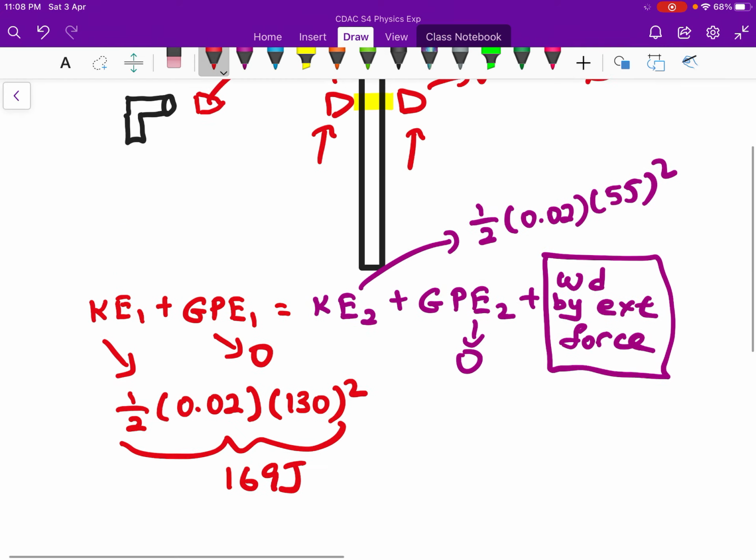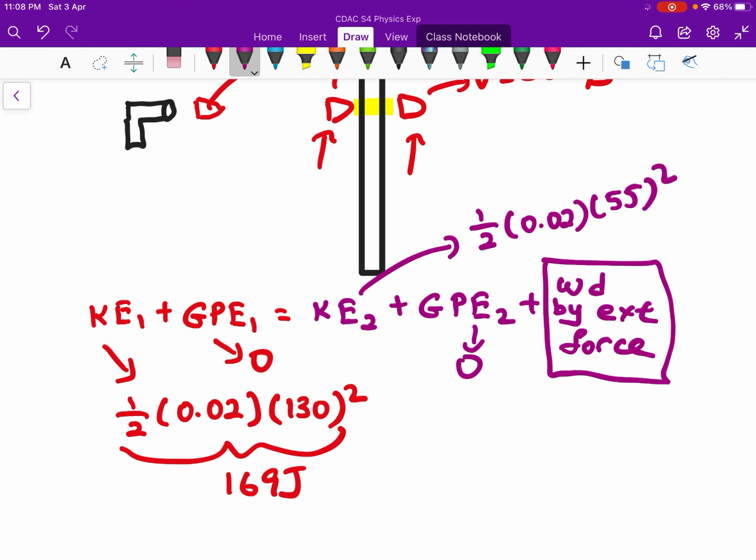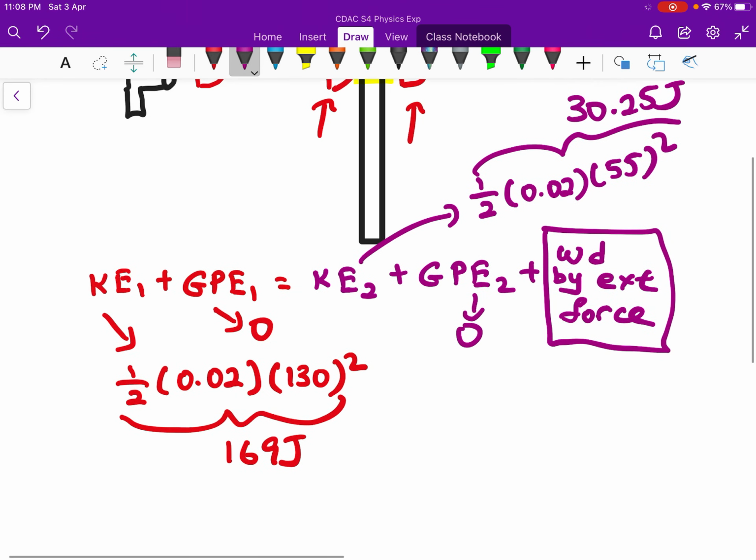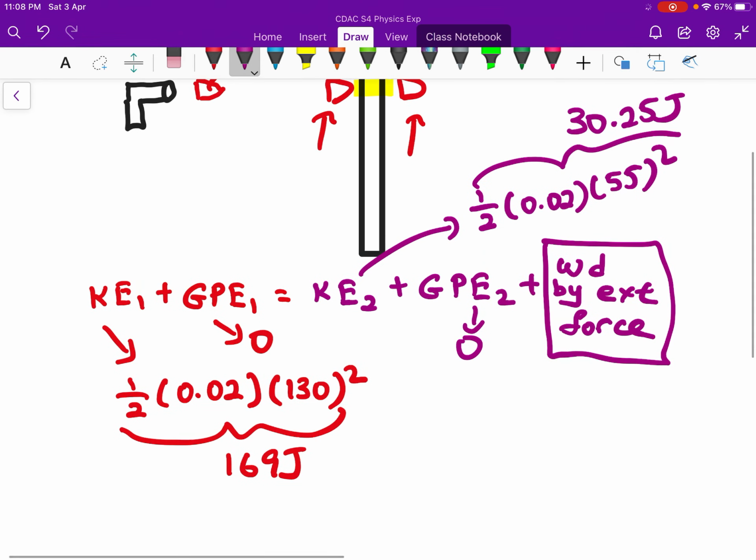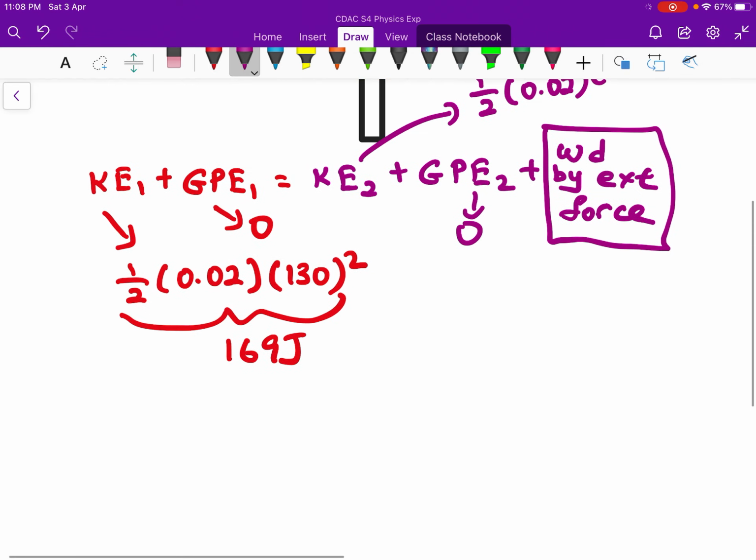For KE2, I should get about 30.25 joules. Basically, you just make the work done by the external force the subject of the formula.